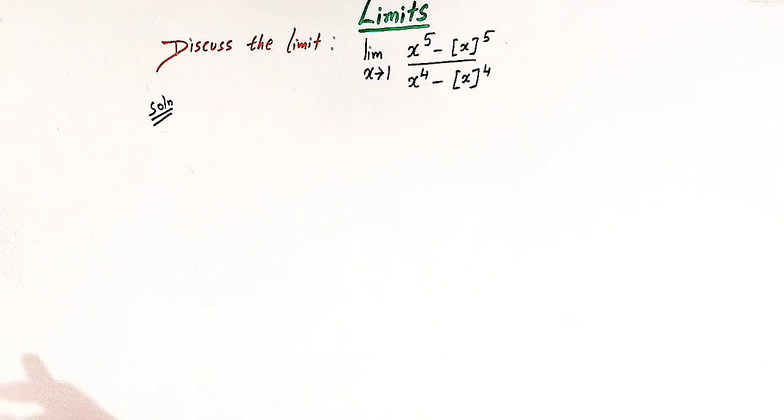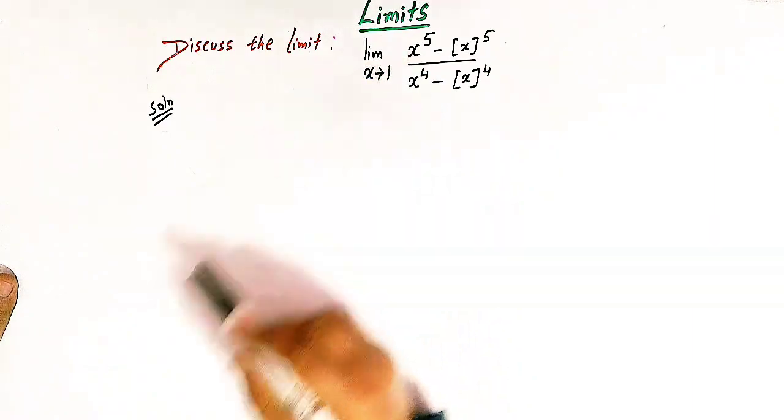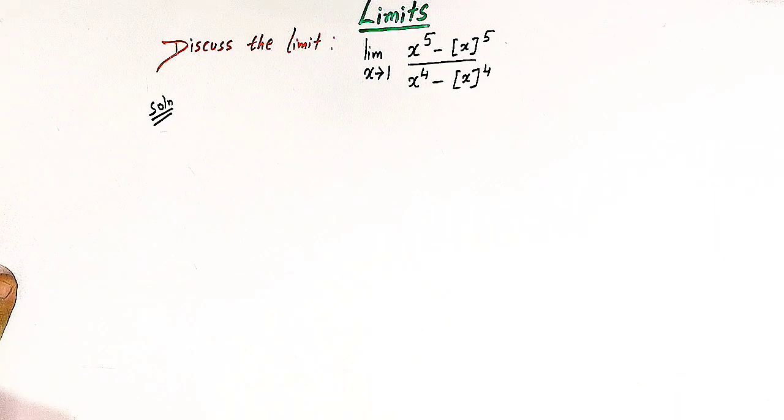And if right hand limit is equal to the left hand limit, then we claim that the limit of the function at the given point exists, right? So let us examine the limit of this function when x approaches 1 by finding out the right hand limit and the left hand limit.